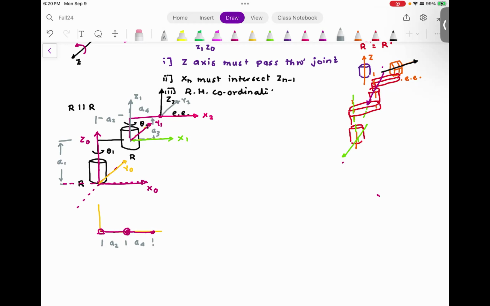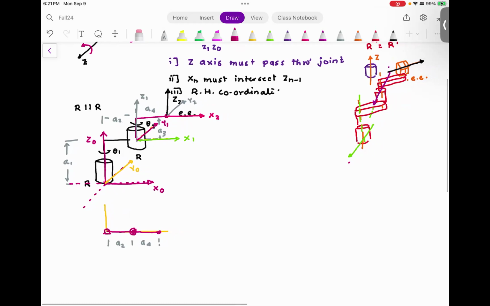Now we are going to derive the rotation matrices. Here is the thing. The rotation matrix is the product of two matrices, the rotation matrix and the projection matrix. So I'm going to write it like this. Check this out. 0R1 is the product of two matrices.